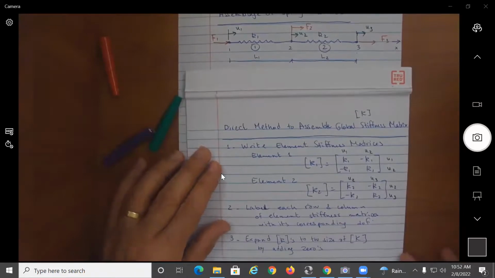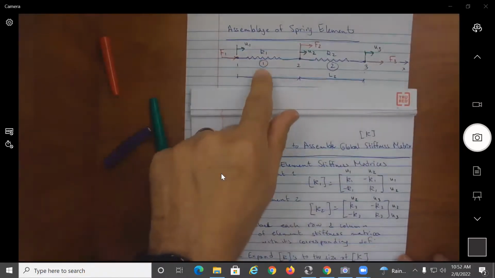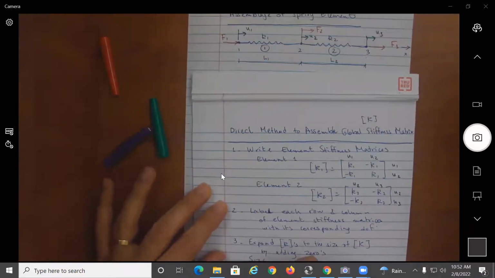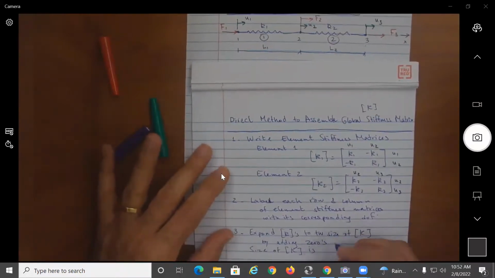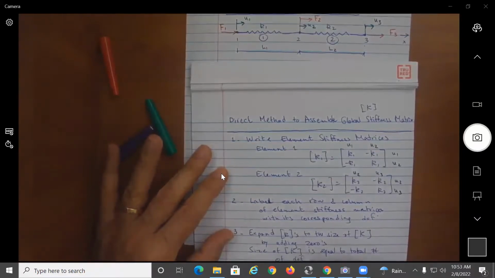Okay. So for example, for this problem, what is the size of K? The size of K is equal to the total number of degrees of freedom of the structure.